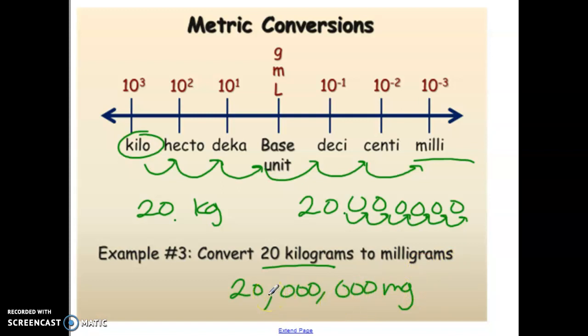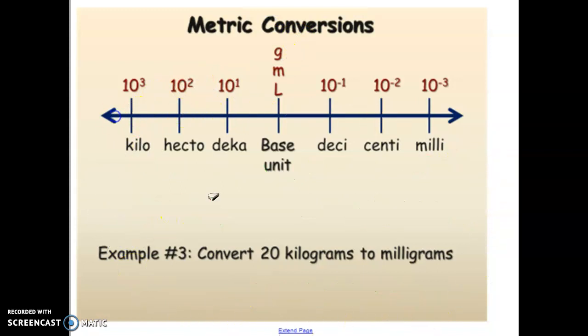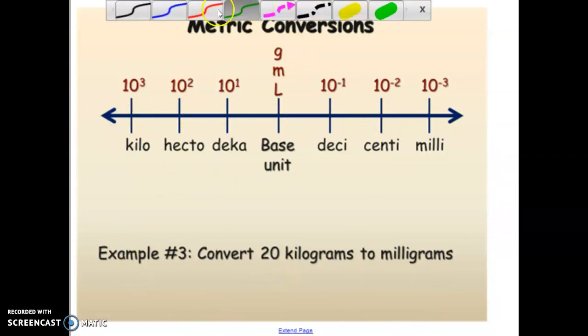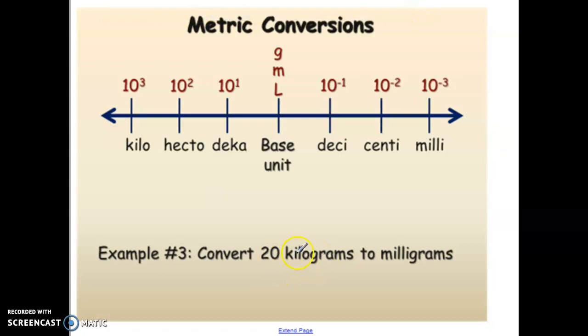Yes. Okay, so before I have you do some practice, we'll do one more that involves, let's say, a microgram. Okay, so let's change this question up. We'll just do this kind of on the fly. Let's say we had 20 milligrams and we want to go to micrograms.